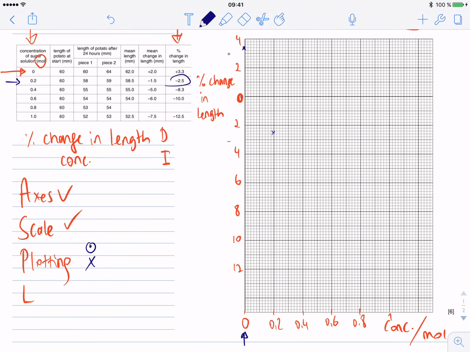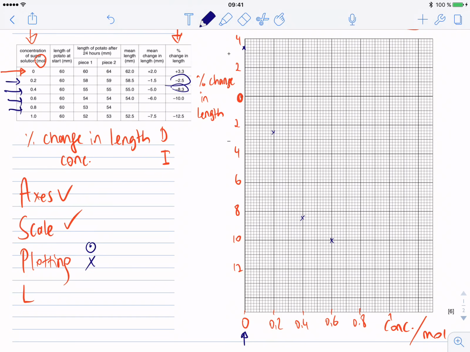Okay, for 0.4 concentration, 8.3. So 8 will be here. Okay, roughly here. For 0.6, minus 10. Well, in the previous question, it actually asks you to calculate it. It's minus 10.8.